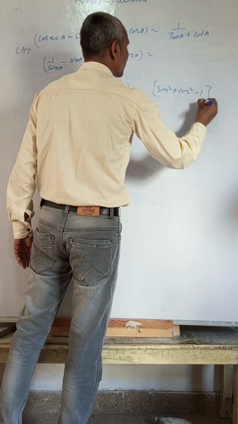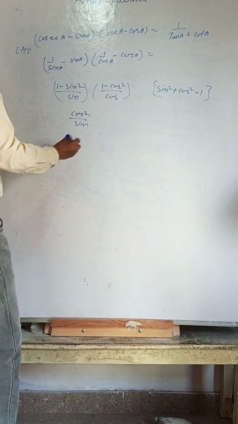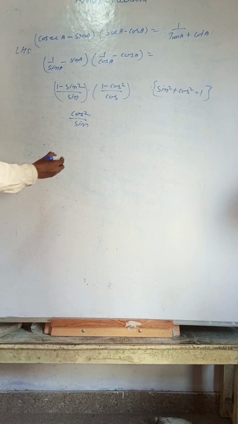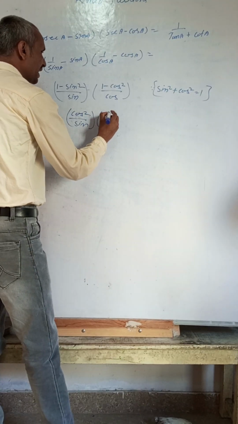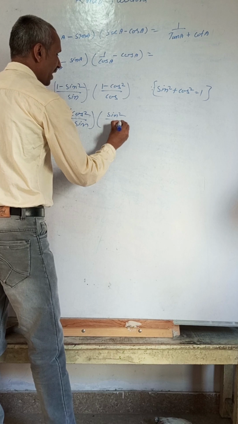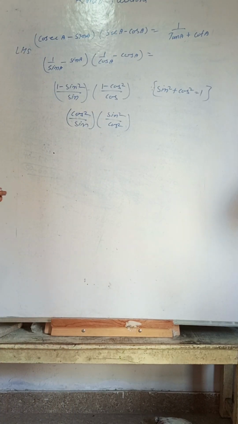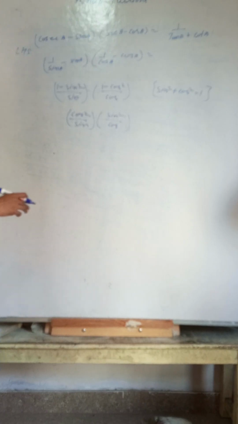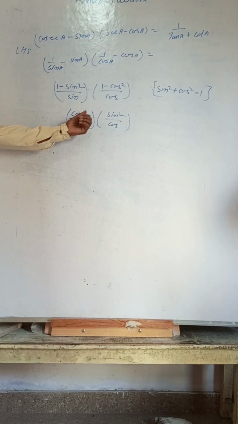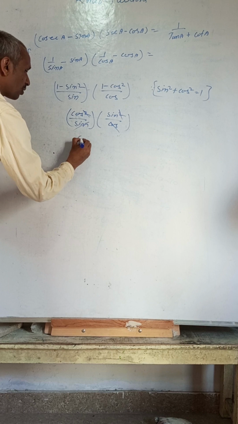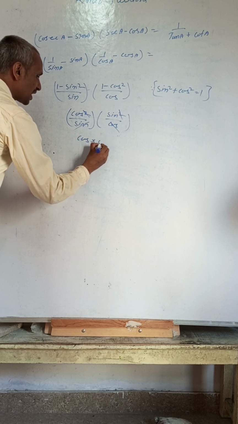This is an identity. So we get cos square by sin, and this into sin square by cos. This is a multiplication, so we can cancel. What we got is cos into sin.